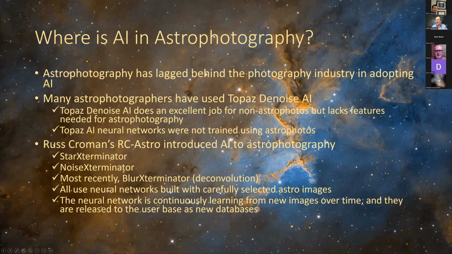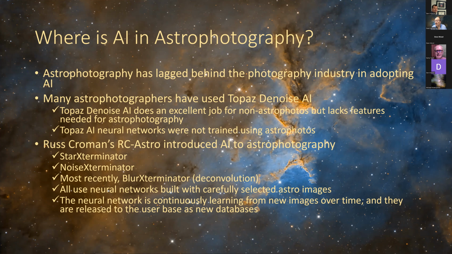Now, AI in astrophotography has lagged the photographic industry quite a bit up until now. Many astrophotographers used Topaz Denoise AI. Topaz Denoise does an excellent job for non-astro photos, but lacks certain features that are needed for astrophotography, primarily because I don't think that's been the key focus of the learning method of the AI.